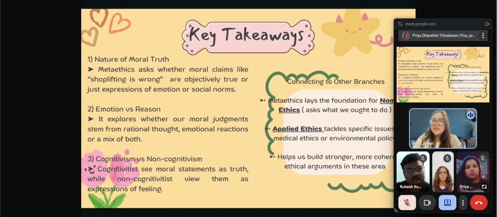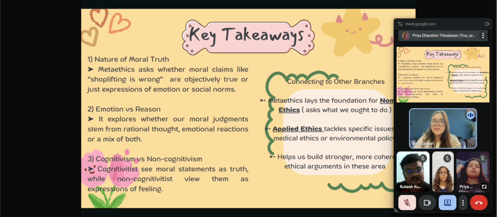Next, we are going to see the key takeaways. There are three key takeaways, which are nature of moral truth, emotion versus reason, and cognitivism versus non-cognitivism. First is nature of moral truth. Metaethics asks whether moral claims like shoplifting is wrong are objectively true or just expressions of emotion or social norms.